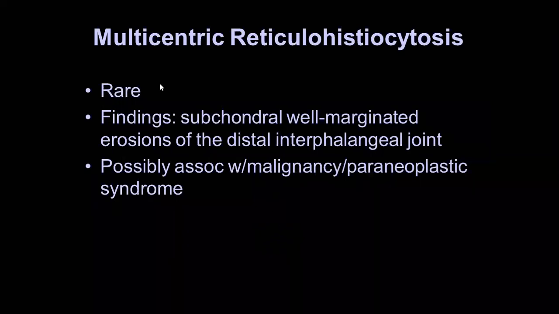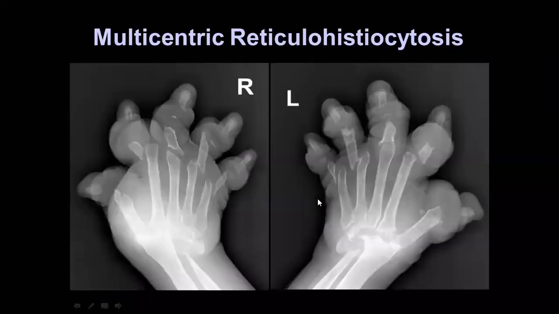It is not easy. It is something called multicentric reticulohistiocytosis, which is rare. That's why I agree you will put a differential. It is important to mention that this is marginal erosion and the distribution. This one comes with malignancy and paraneoplastic syndrome. Maybe. Just to know something like this. And the other appearance when it is advanced, how does it look.